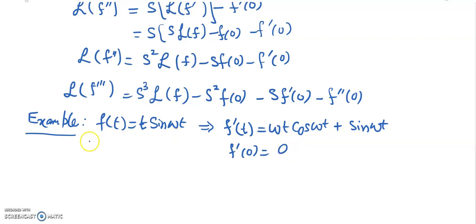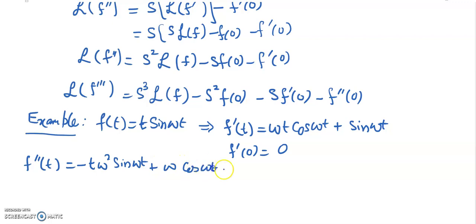That will be 0, and then we can calculate f double prime of t also, which will be minus t omega square sine omega t, plus omega cosine omega t, and then it will be omega cosine omega t.